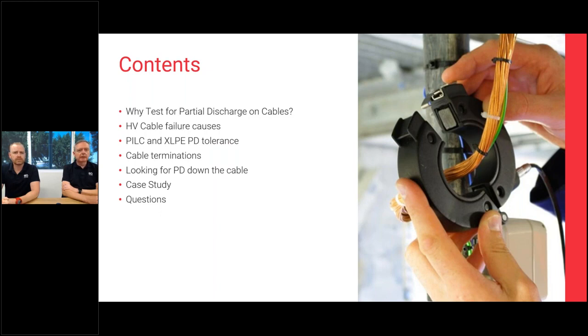It's that whole grey area, what is actually switchgear and what is actually cable. When we've got switchgear plant people, they don't want to own the cable termination, and the cable engineers don't want to own the cable termination either, because that's where most of the problems occur. So we'll talk about cable terminations, and then I'm going to hand over, and Brad is going to talk about looking for PD down the length of the cable.